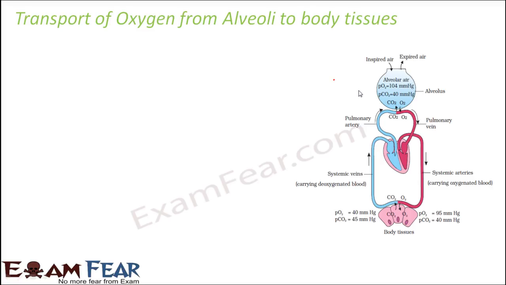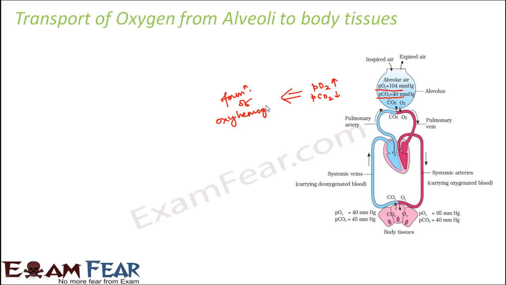If you look at the alveoli, what do you see? Partial pressure of oxygen is 104 and partial pressure of carbon dioxide is just 40, which is quite less as compared to the partial pressure of oxygen. So when partial pressure of oxygen is more and carbon dioxide is less, this will favor the formation of oxyhemoglobin.